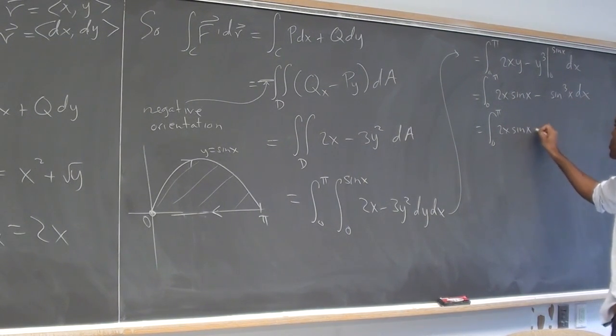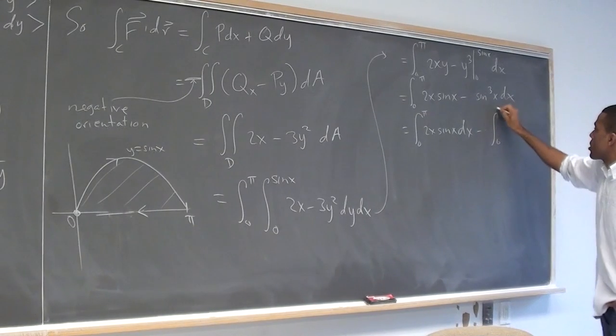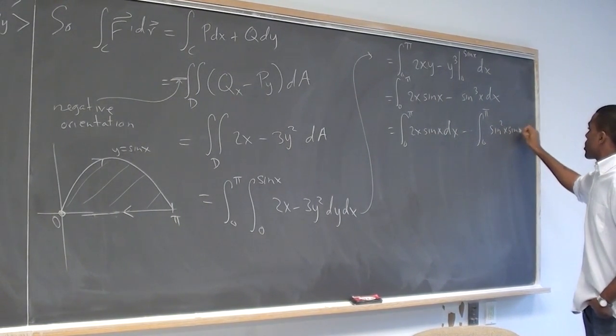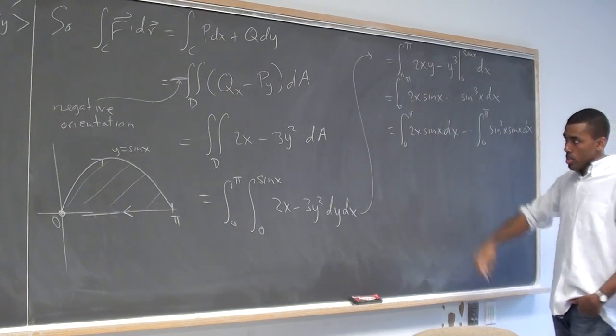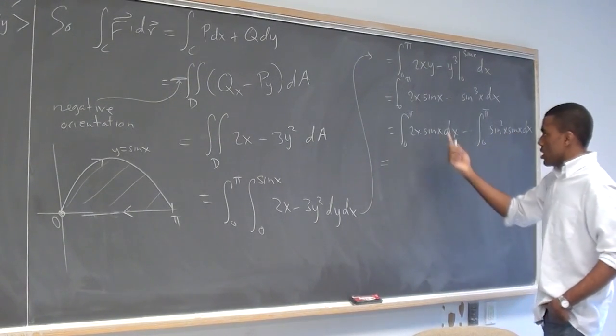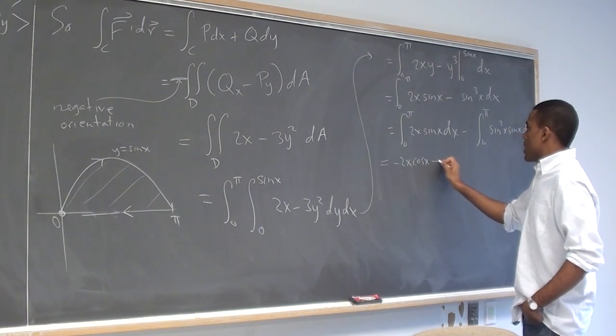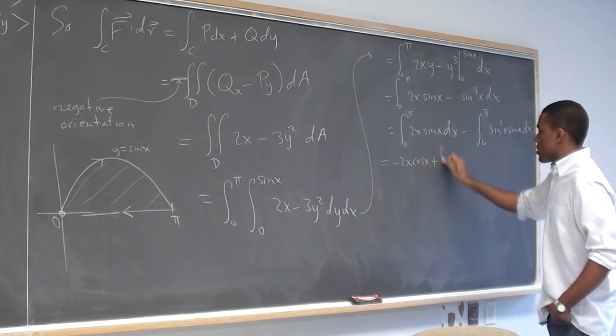I split this up. Right, this you have to do integration by parts. So it's the integral of this times that minus the integral of the same thing times the derivative of that.